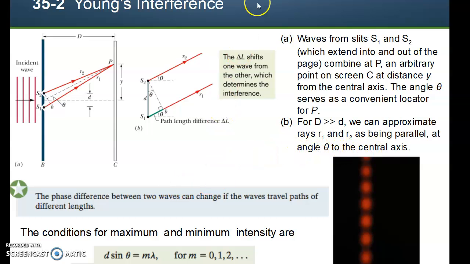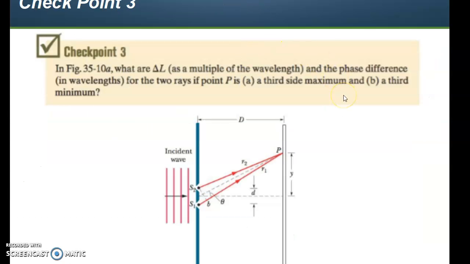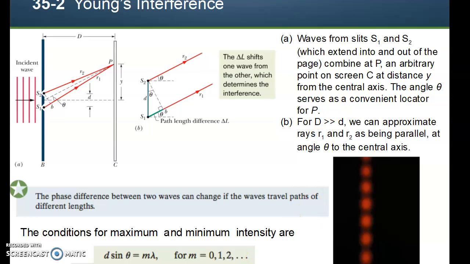So the conditions for the minimum, I'm going to try to shift this down just a little bit so you can see the full equation. Well, okay, I guess that's not going to work. But anyway, the condition for the maximum is d sine theta equals m lambda, where m is 0, 1, 2, etc., depending upon where you are.